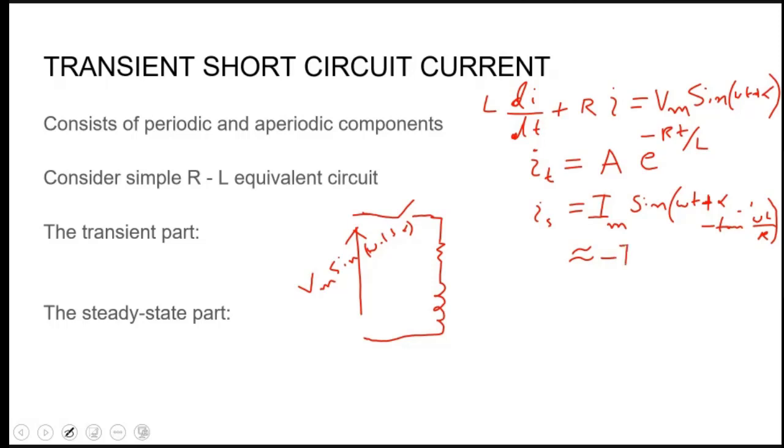This is an approximation, of course, and a valid approximation only. And the total current i is given by i transient plus i steady state.